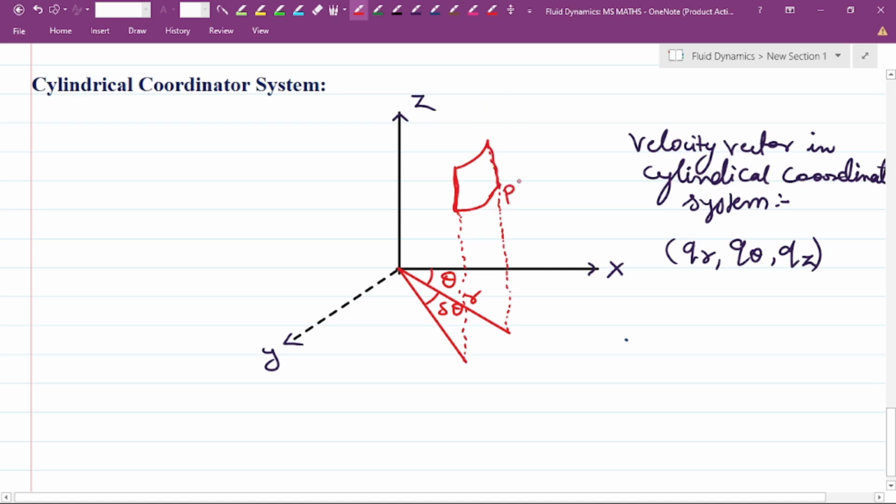This is P, Q, R and S, and basically P dash, in this manner.